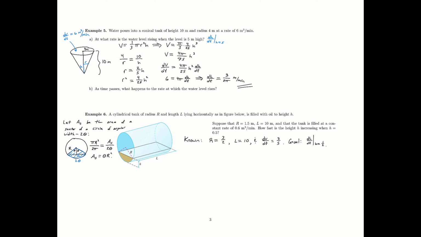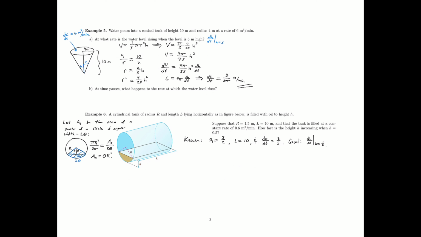Now, to get the area of a triangle, let A of t be the area of one of the two triangles. So again, we'll draw a circle. And we know that the radius is r. What else do we know?